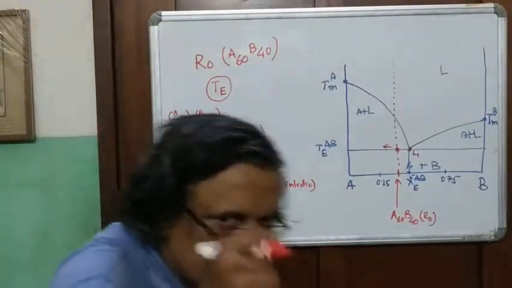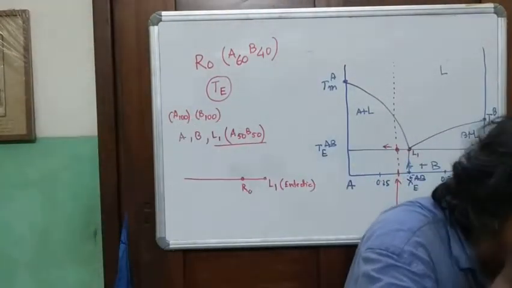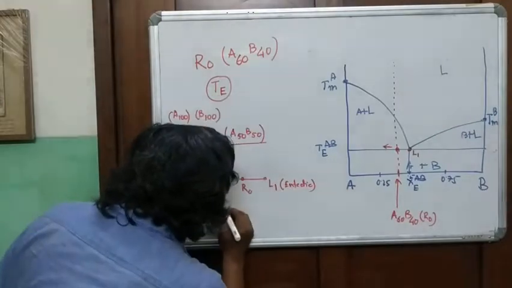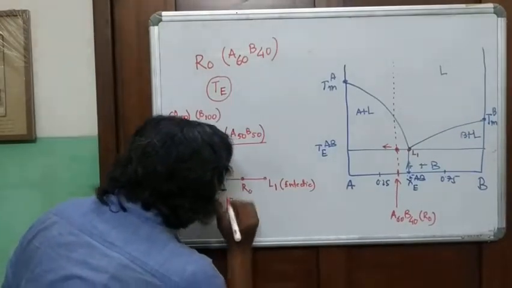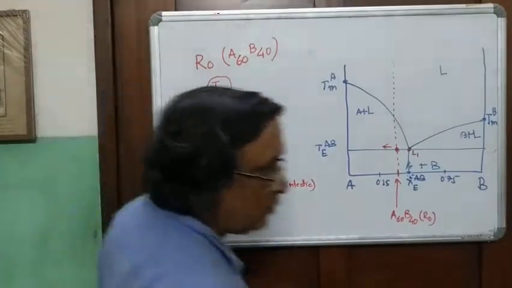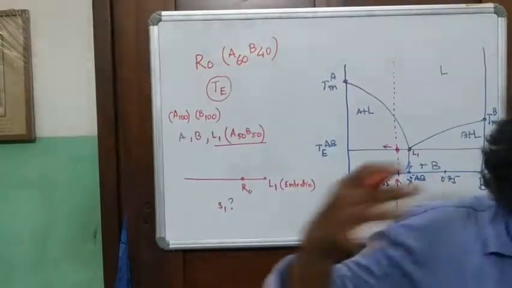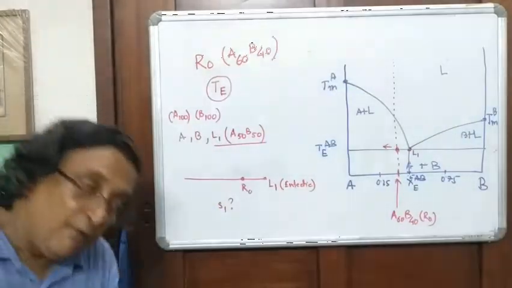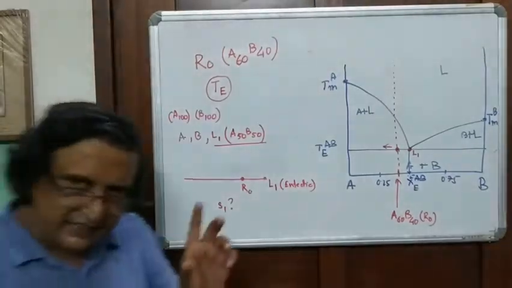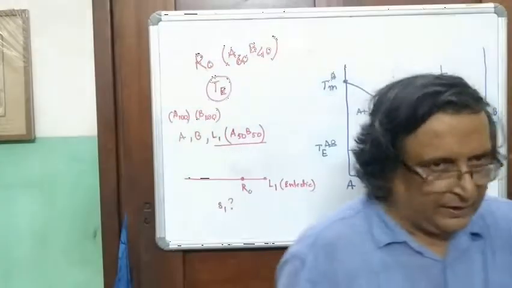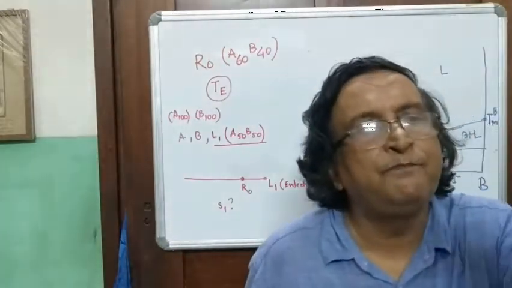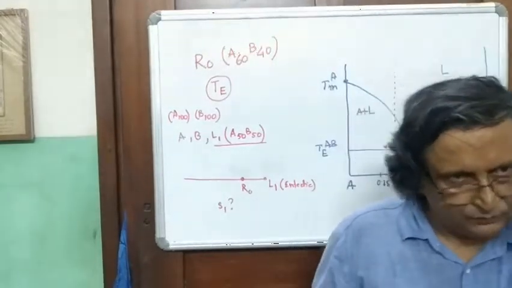Now my fundamental question is, where is S1 in equilibrium with L1? We know that it comprises pure A and pure B. But where do I plot the point S1?